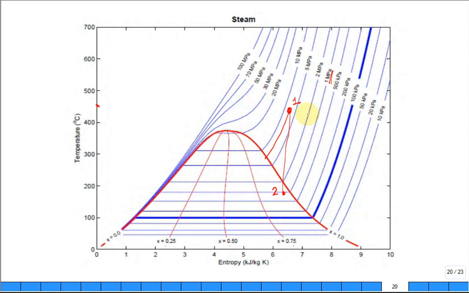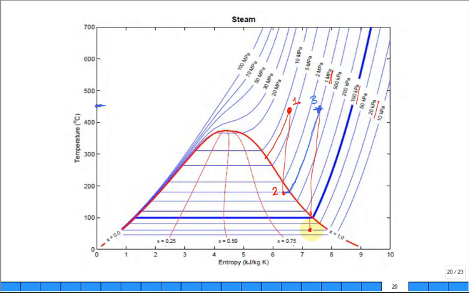But then you reheat, so it comes out here and goes up, up, up, all the way back to state 3, which is the same temperature of 440. And then expand again. And when you expand again, don't stop at 1 megapascal, go down to 20 kPa, right around there.